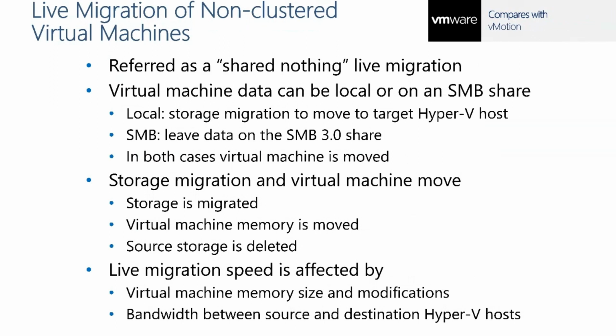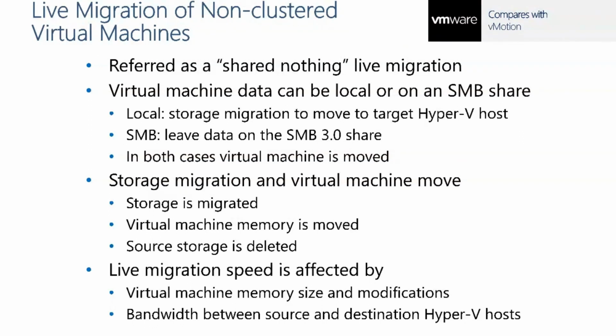So live migration, like I said, compares to vMotion, and is referred to as shared nothing live migration. The virtual machine data can be on local storage or an SMB share.